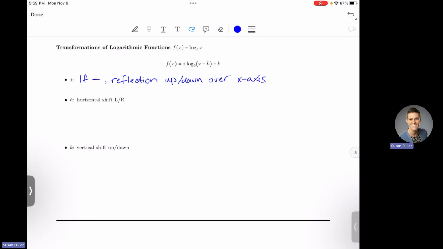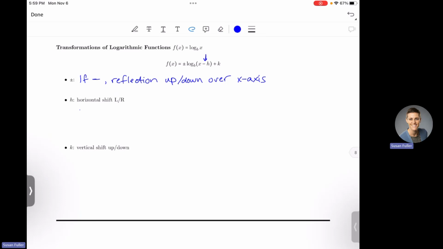All right. Our next transformation that we'll go over is the plus or minus h here. If we add or subtract a number inside our logarithm with x, adding and subtracting numbers inside our function slide us left and right. And these move the opposite way you think they will.